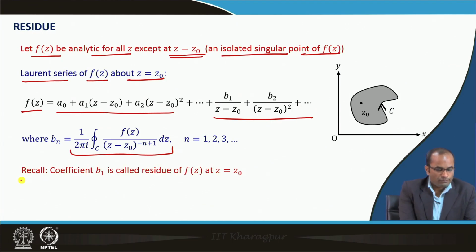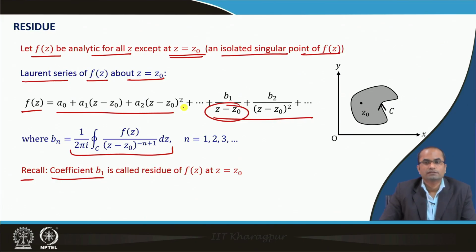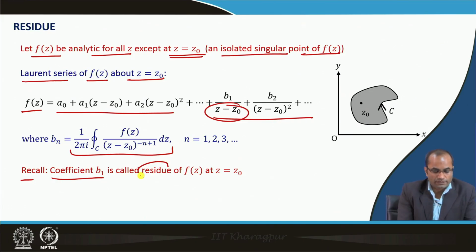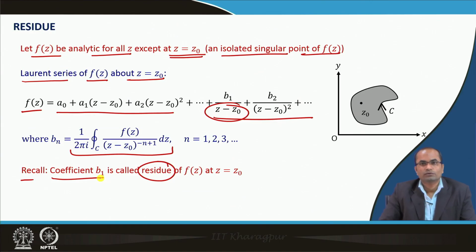Just to recall, the coefficient b 1 is called the residue, and now we will go into detail on how to evaluate residues and what the applications of the residue are.